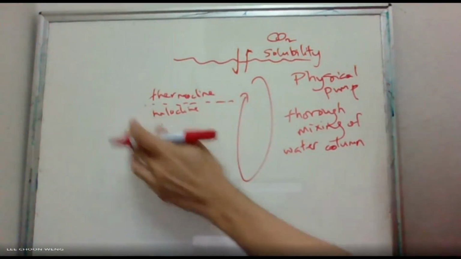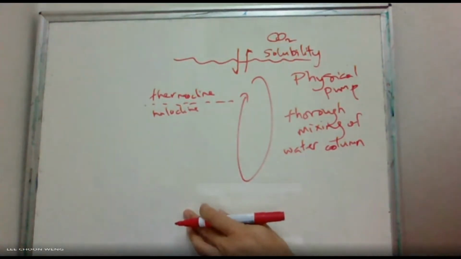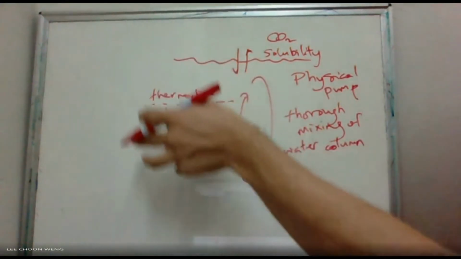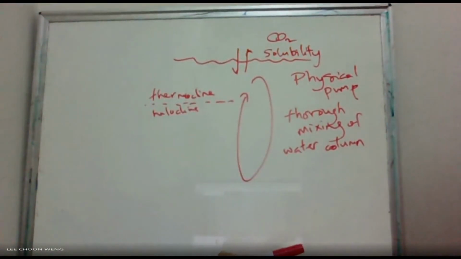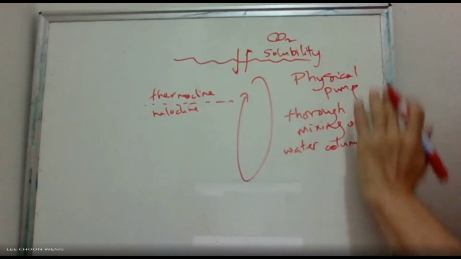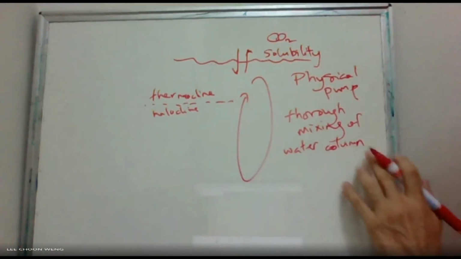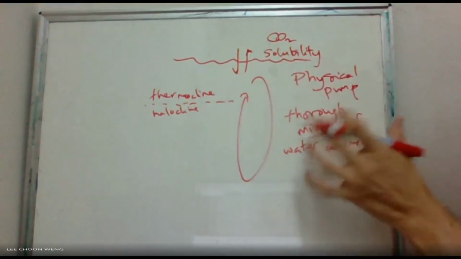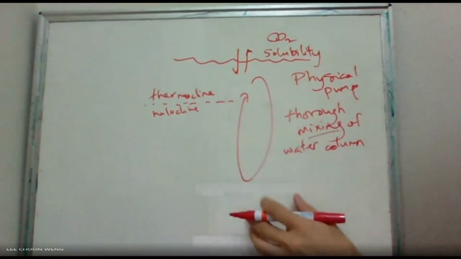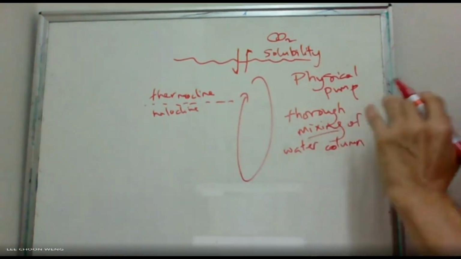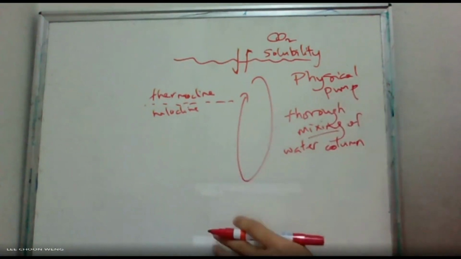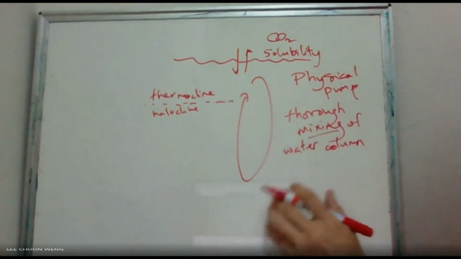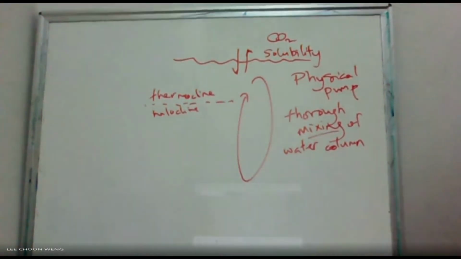When you have stratification, you do not have mixing. Okay, you have stratified layers of water. For the physical pump to work, you have to have thorough mixing, and this usually occurs when the waters are very rough, winds are very strong, usually in winters, usually during monsoons.